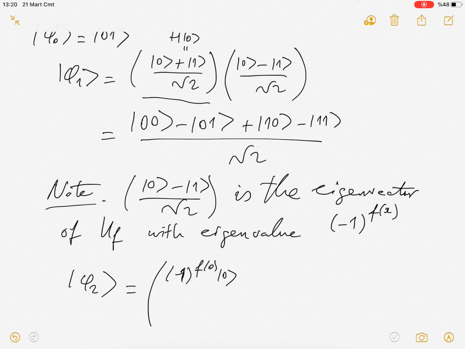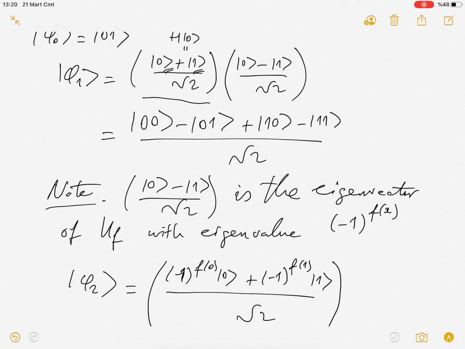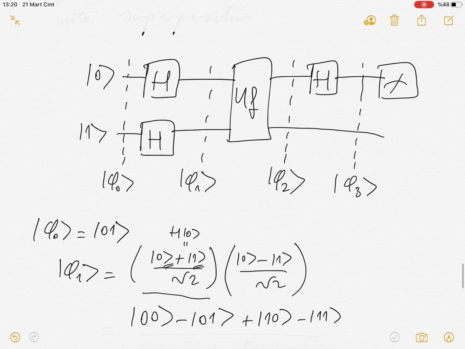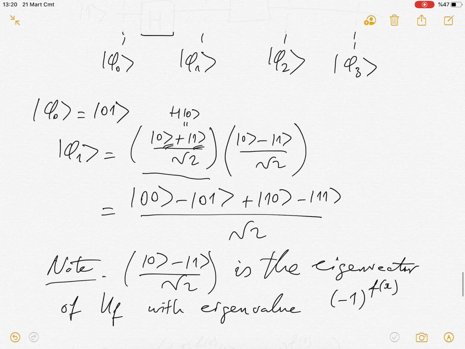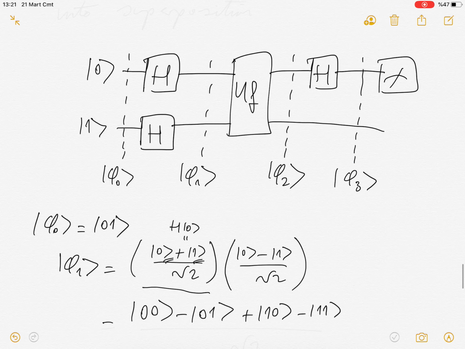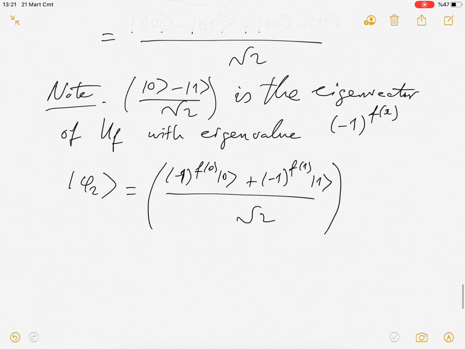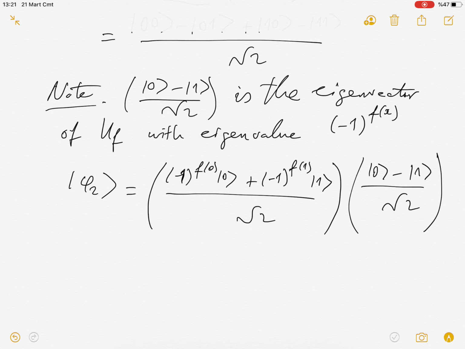So we write 1 for ket 0 and 1 for ket 1. Plus minus 1 to the f of 1, ket 1, divided by square root 2. So this will be the first qubit of phi 2. The second qubit will remain the same. It's still the minus state superposition, (ket 0 minus ket 1) divided by square root 2.